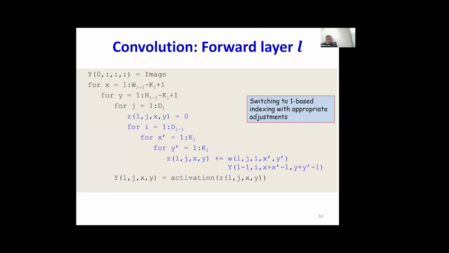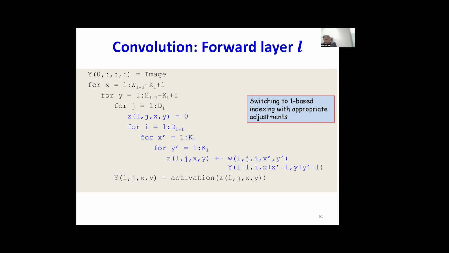So here, for example, is a standard convolution. Within each layer, you're going to be scanning left to right, top to bottom, right? And then you're looping through all of the filters. You're first computing an affine value, and then you're applying an activation to it.